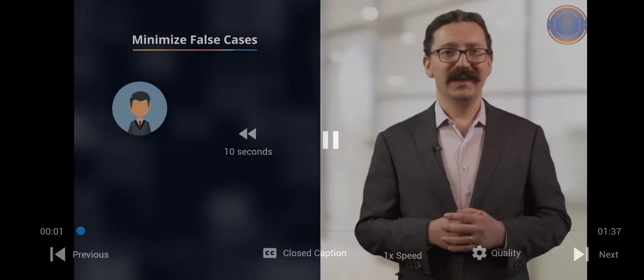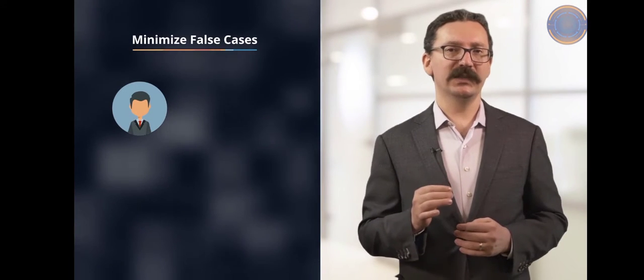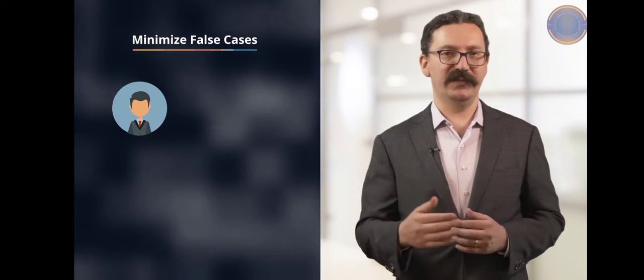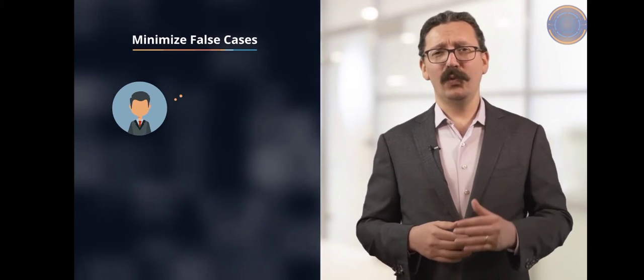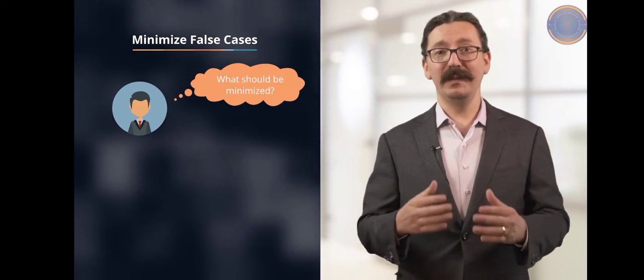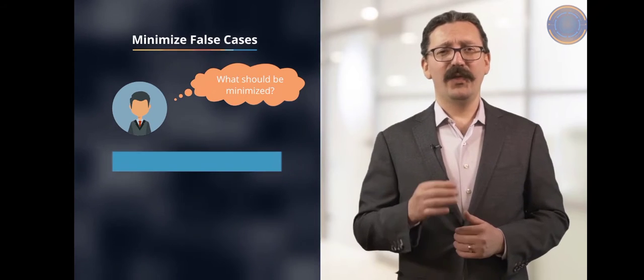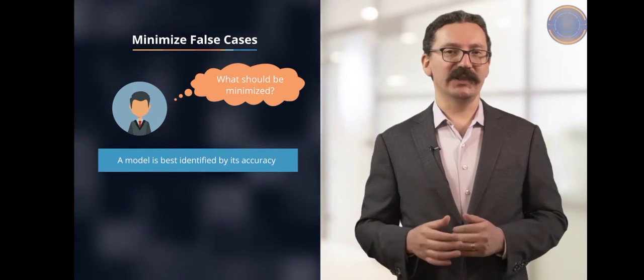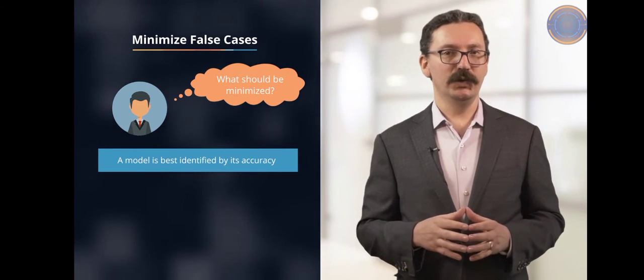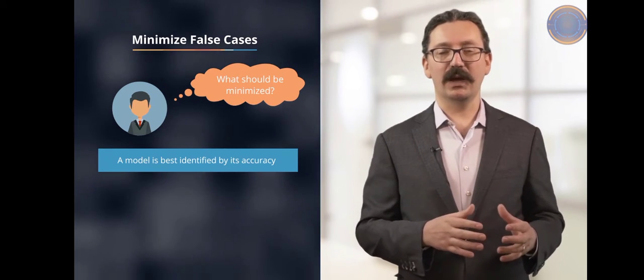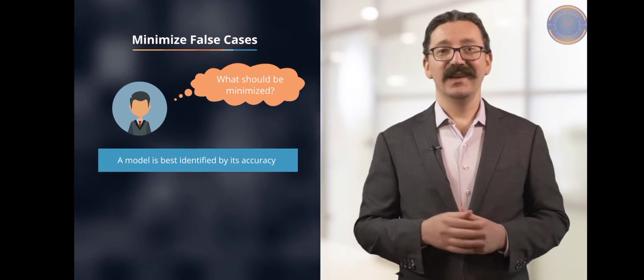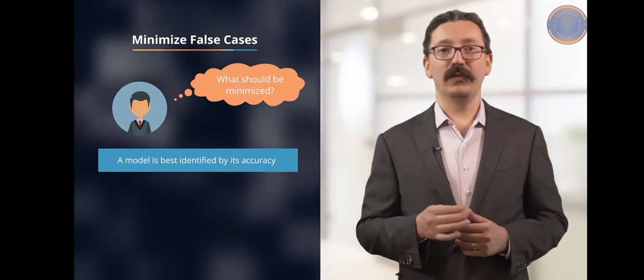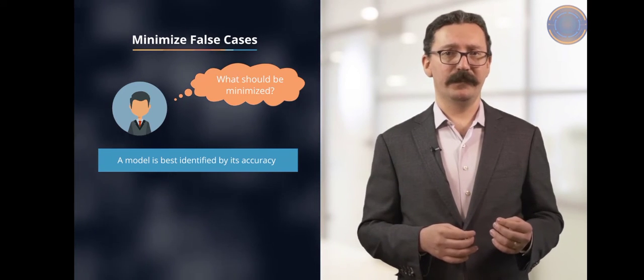So now, the CEO has understood the concept of actual and predicted classification. But he still wonders when and what should be minimized. There will be some percentage of error associated to any model that we use for predicting the true classes of the target variable. These will result in false positives and false negatives.